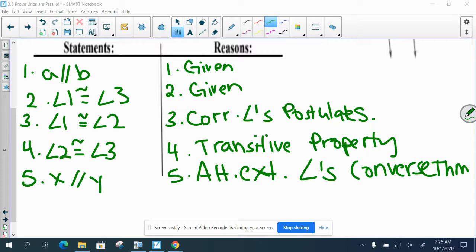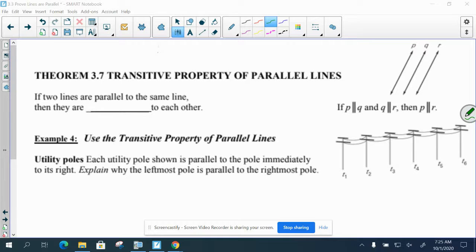Let's now talk about the transitive property of parallel lines. This is an interesting one, and it's pretty obvious, but there is a specific property for parallel lines. If two lines are parallel to the same line, then they are parallel to each other. For example, if P and Q are parallel, and if Q and R are parallel, then P and R are parallel.